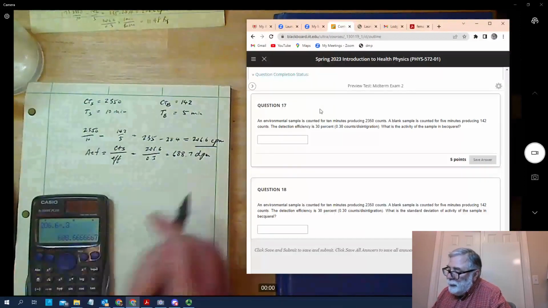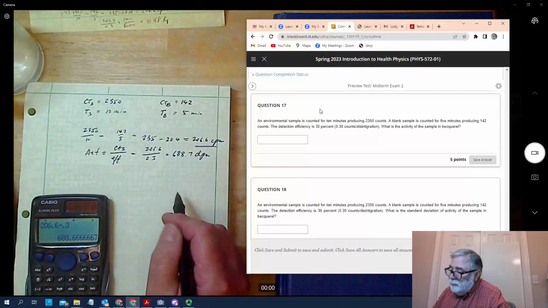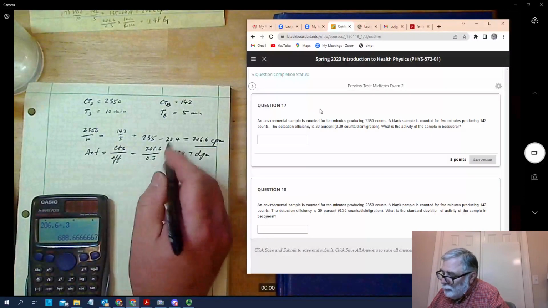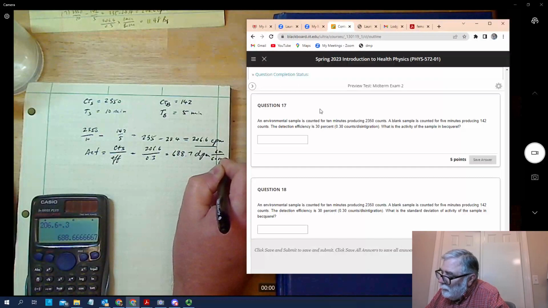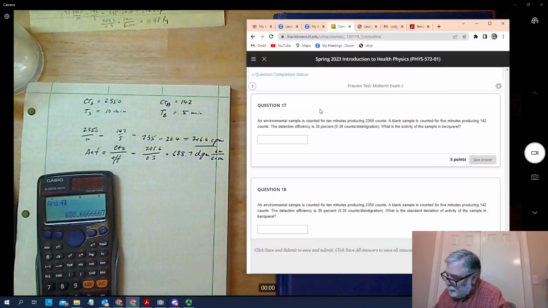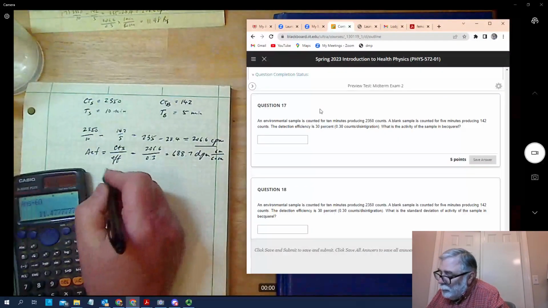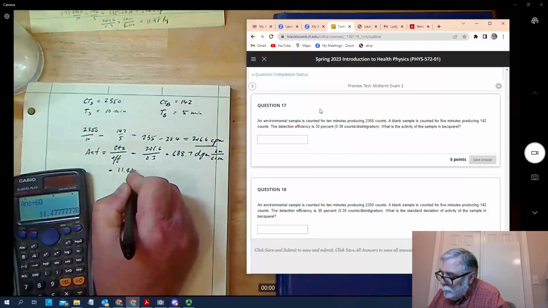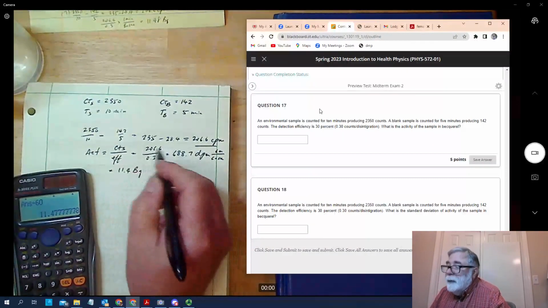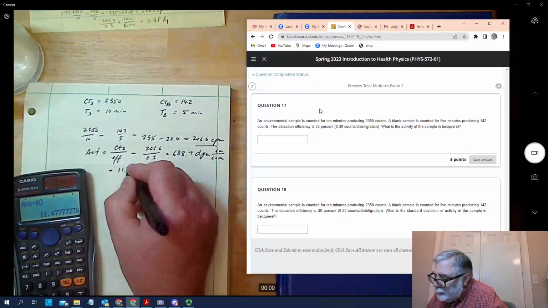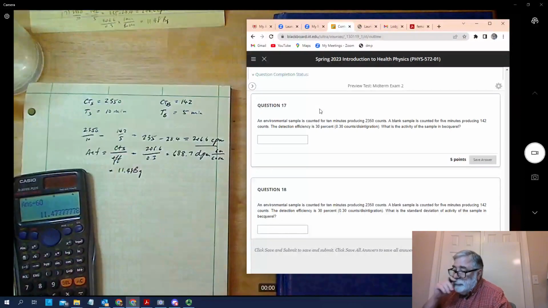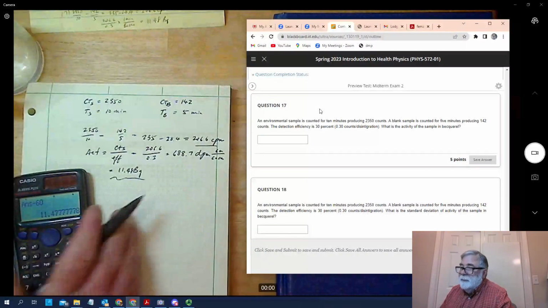Now we want it in becquerel. That's per minute, so we divide by 60 seconds, and I get 11.48 becquerel. Just in case we want another number. But something like that. Okay.